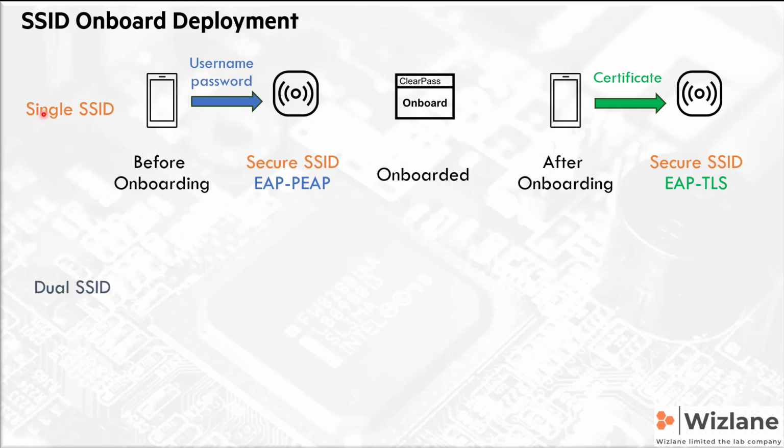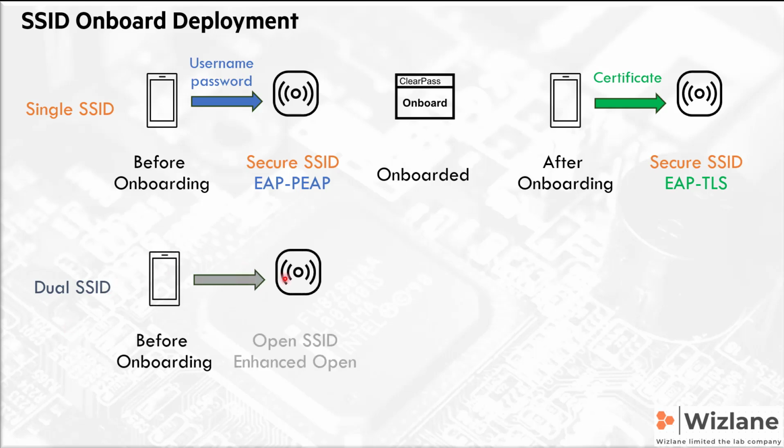Or if you decide to go with a dual SSID certificate setup, usually they will connect initially to an onboarding open SSID, or maybe enhanced open as we call it. In both cases, they will be redirected.